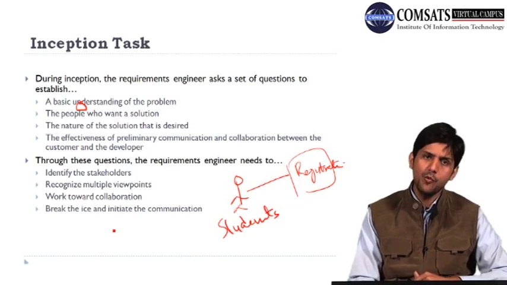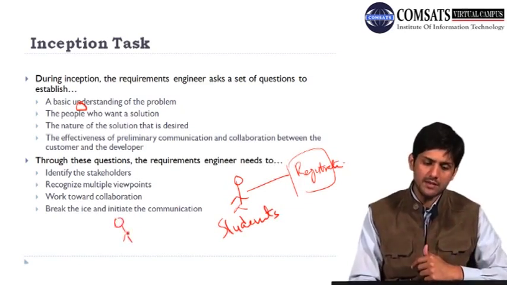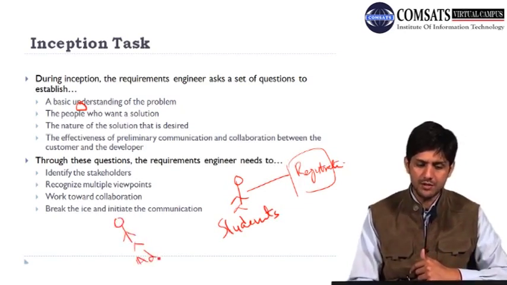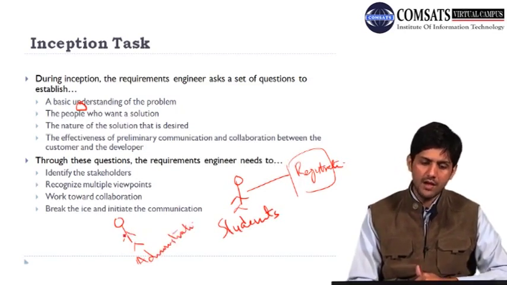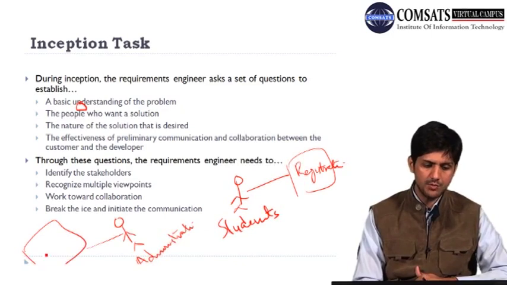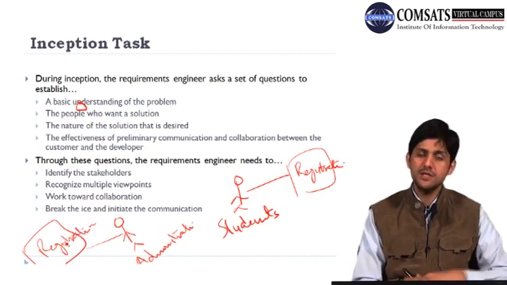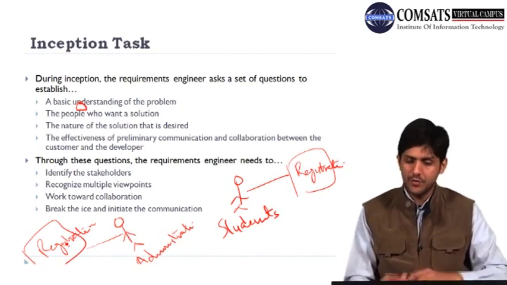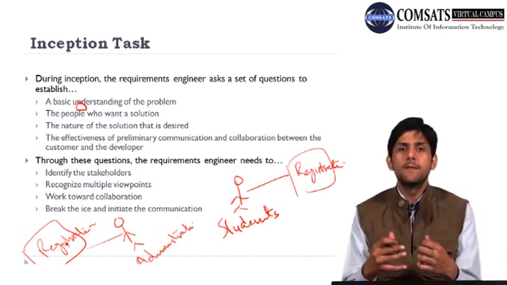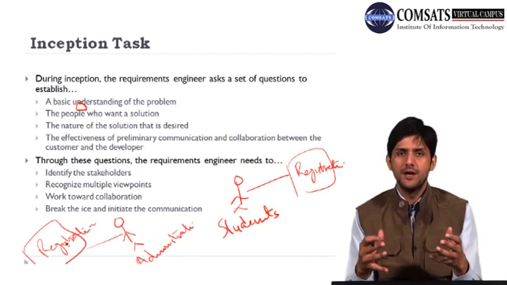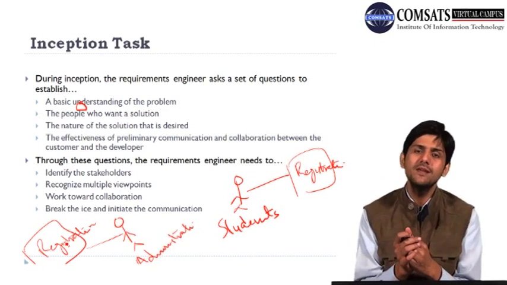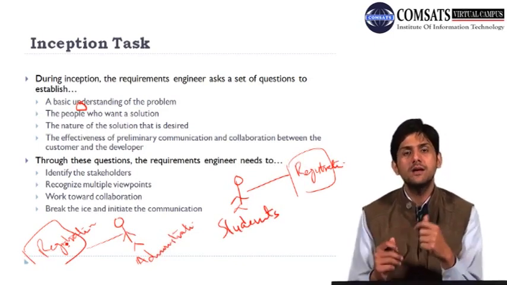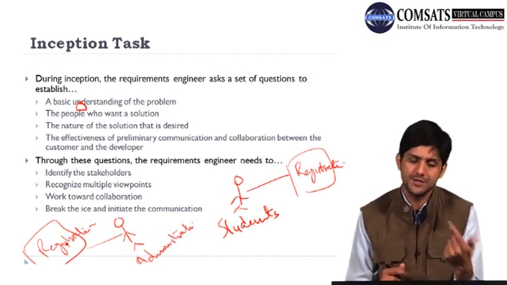Another viewpoint of the system might come from another stakeholder, which is the administration, and they would have their own view about this registration process. By registration process, I mean the course registration process, because both of these users are part of this process. Students want to register courses, administration wants to ensure that only the eligible students register for a particular course.